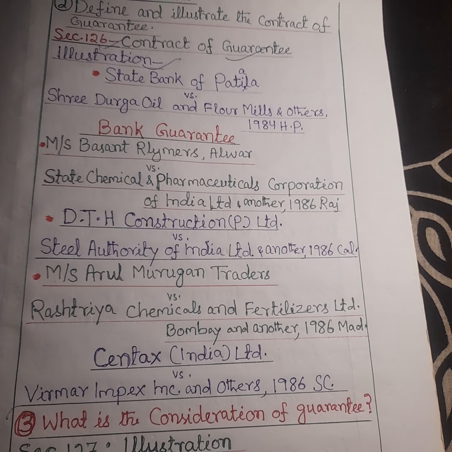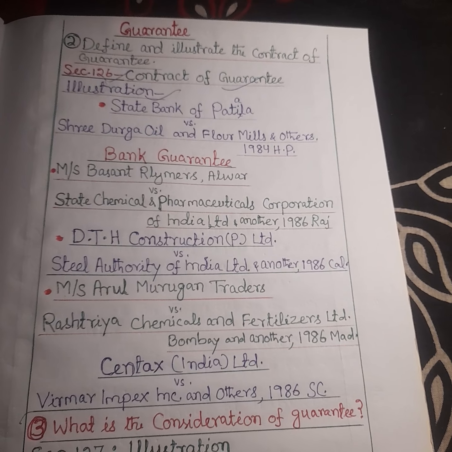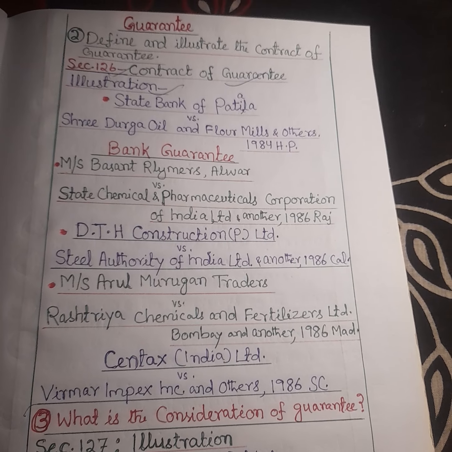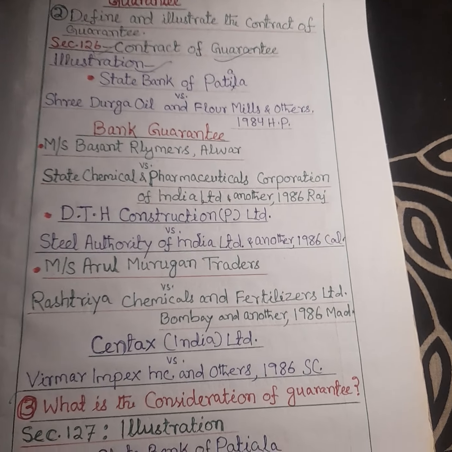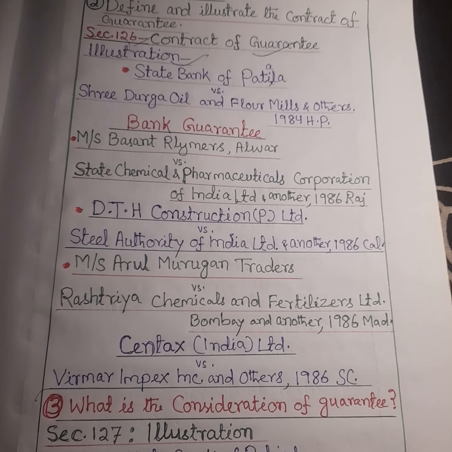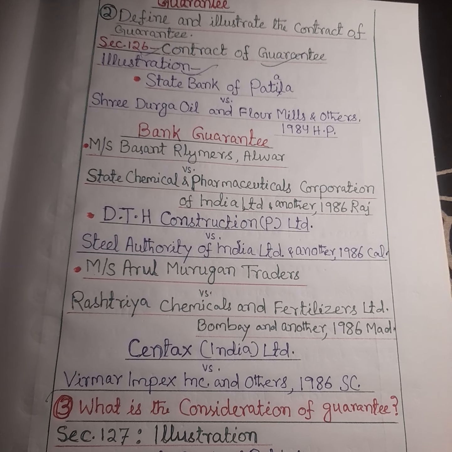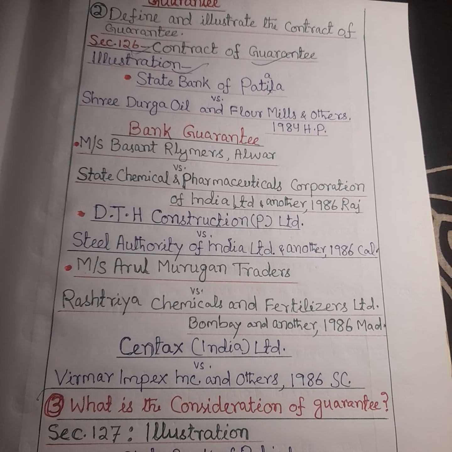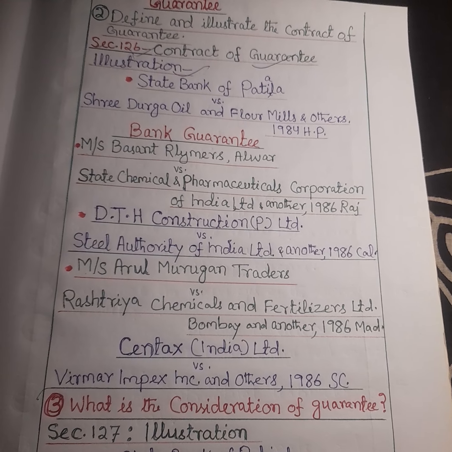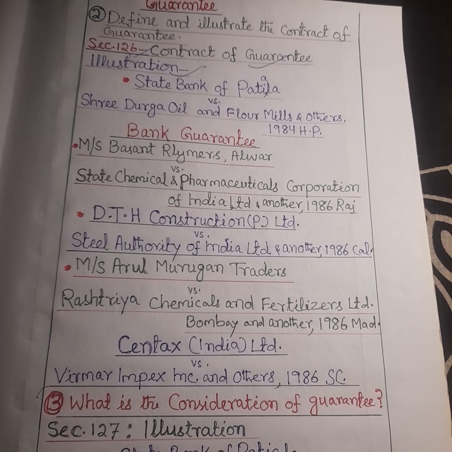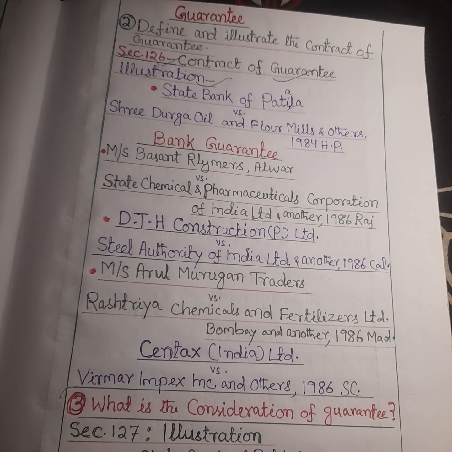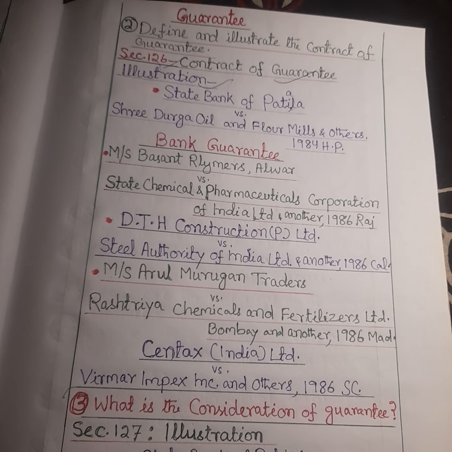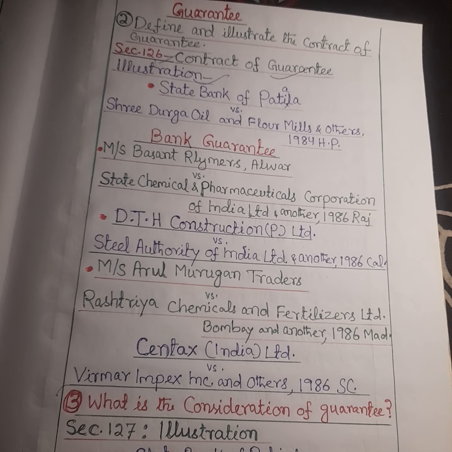As provided under Section 126 of the Act, a contract of guarantee is a contract to perform the promises or discharge the liability of a third person in case of his default.